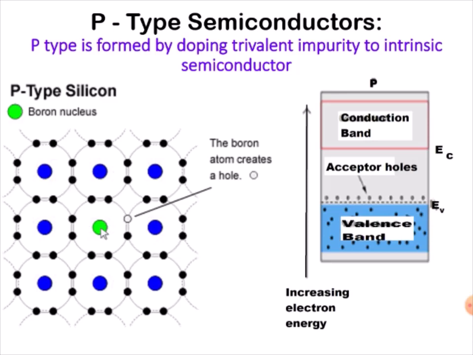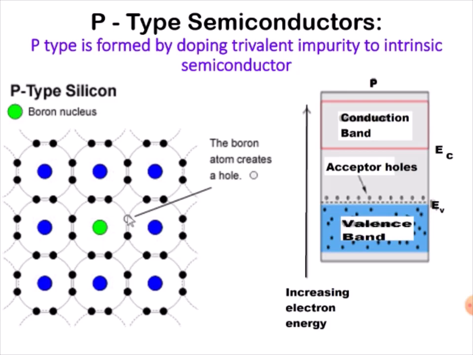Now this trivalent atom, we know that tri means 3, so this boron trivalent atom will have only 3 electrons, 1, 2, 3 like that, and so it will form covalent bonds with 3 neighboring pure silicon atoms. But for the fourth neighboring silicon atom, there is no counterpart electron from this trivalent boron atom, so it will leave a space there for an electron.